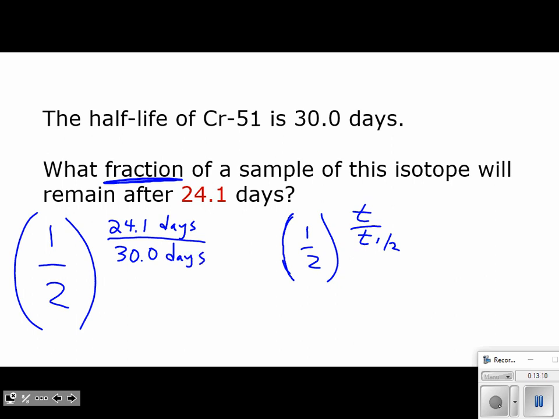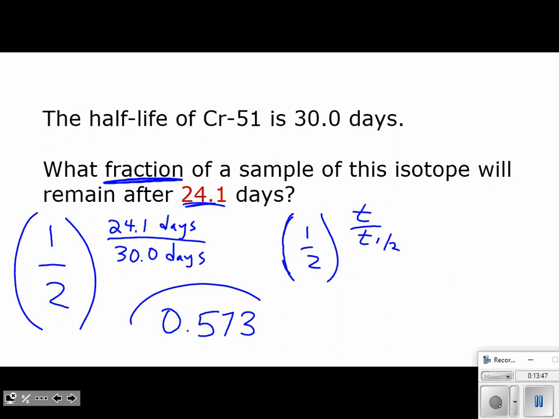So, when I do my calculation, I'm going to take that 0.5 and put it to the power of 24.1 divided by 30.0, and that's going to give me a value of 0.57302336. Okay, and I come back and say, here's 3 sig figs. I'm going to put this into 3 sig figs.